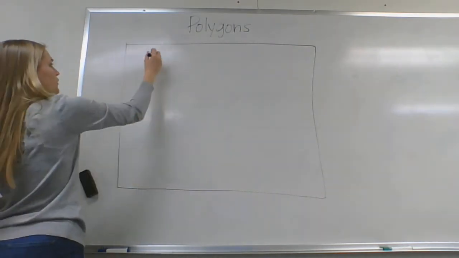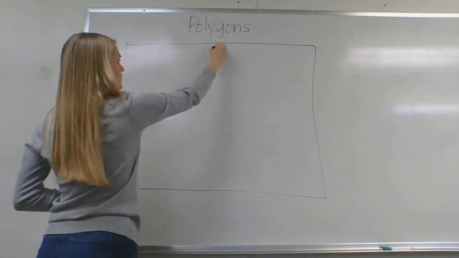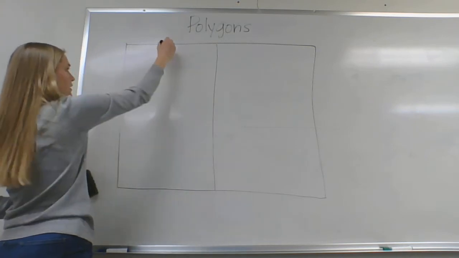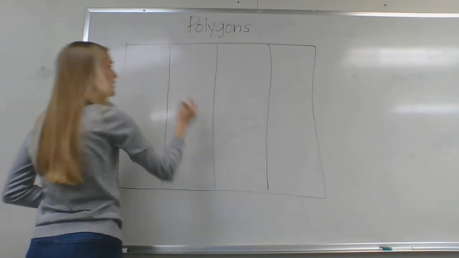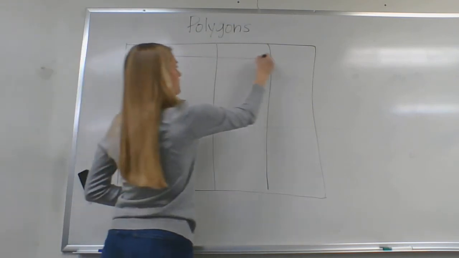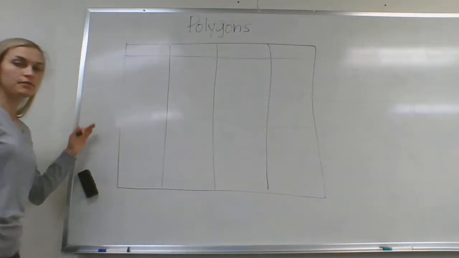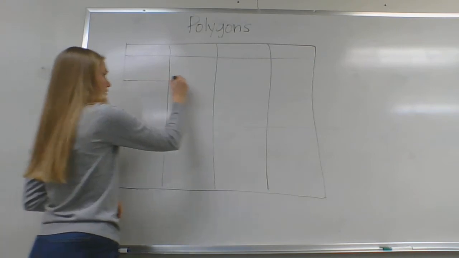Right, so you need 4 columns. You can split it in half and half again. You need a little skinny row at the top, and then you need 5 rows after that.